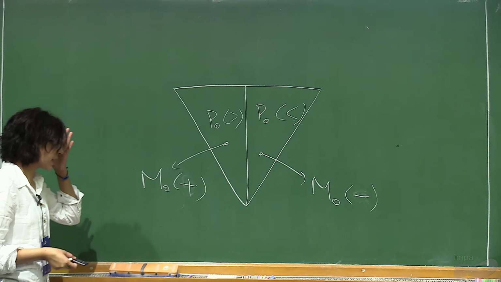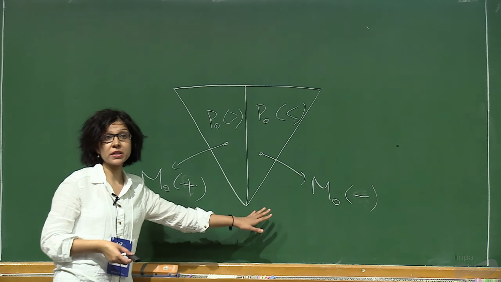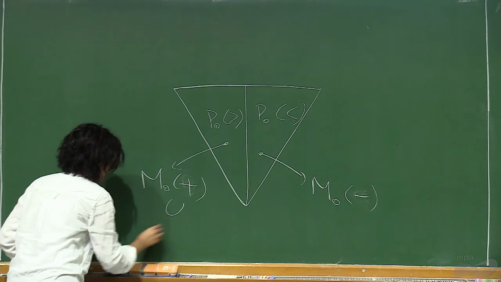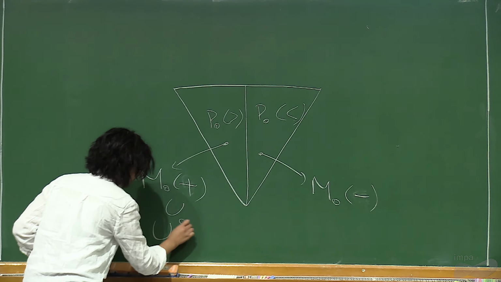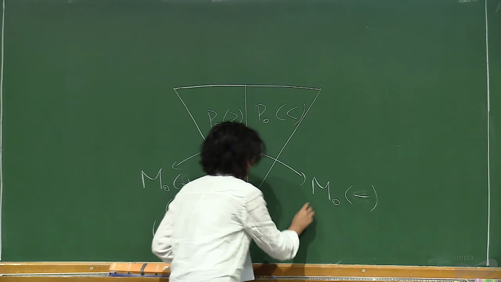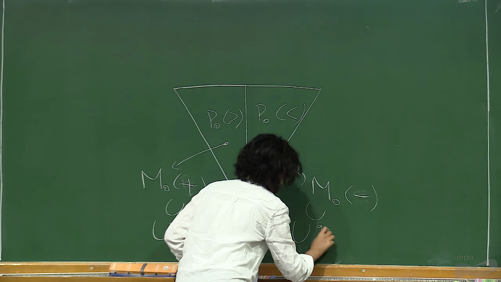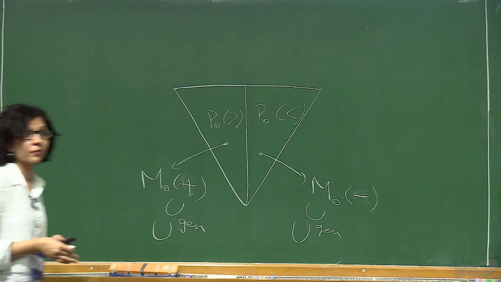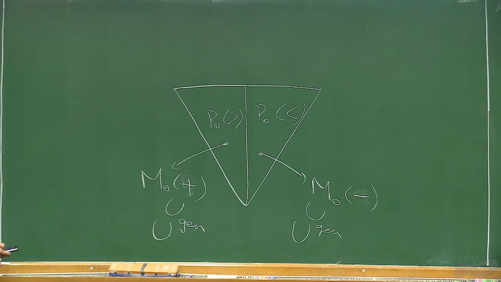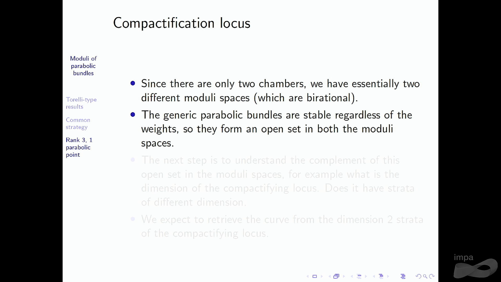What's going on is that both of these moduli spaces are going to contain the set of generic bundles, and the generic bundles are those that are always stable. But the question is, what else do they contain?